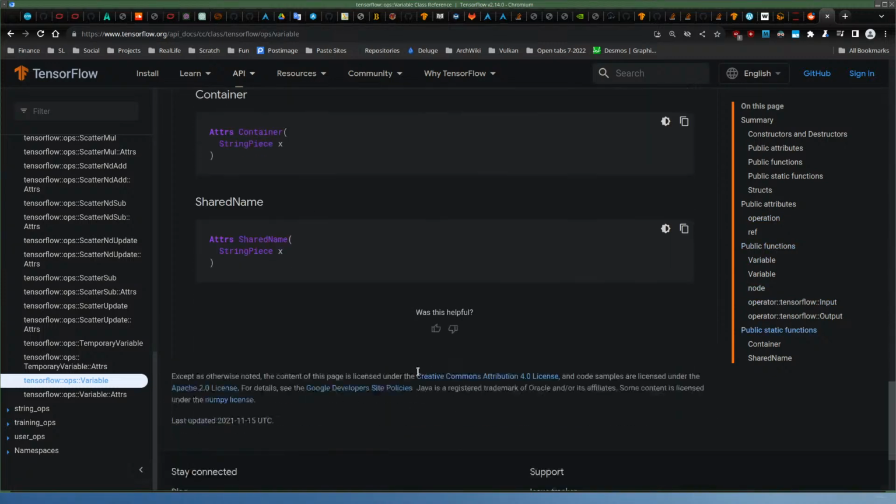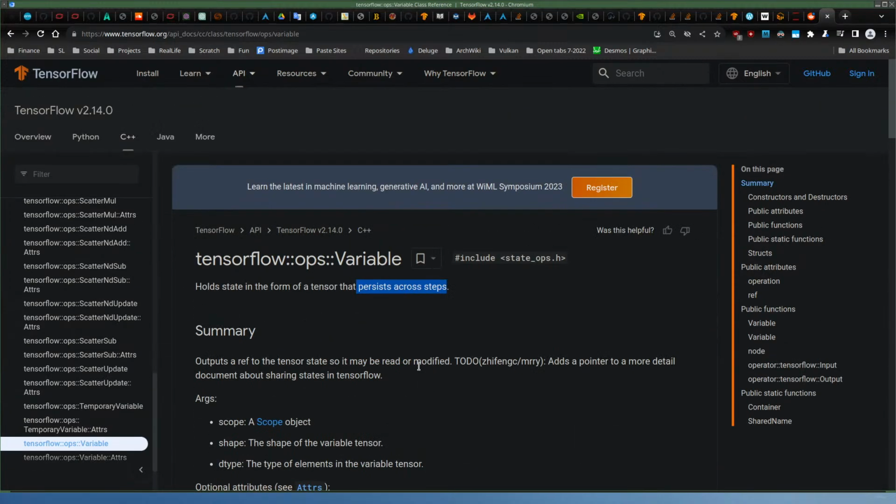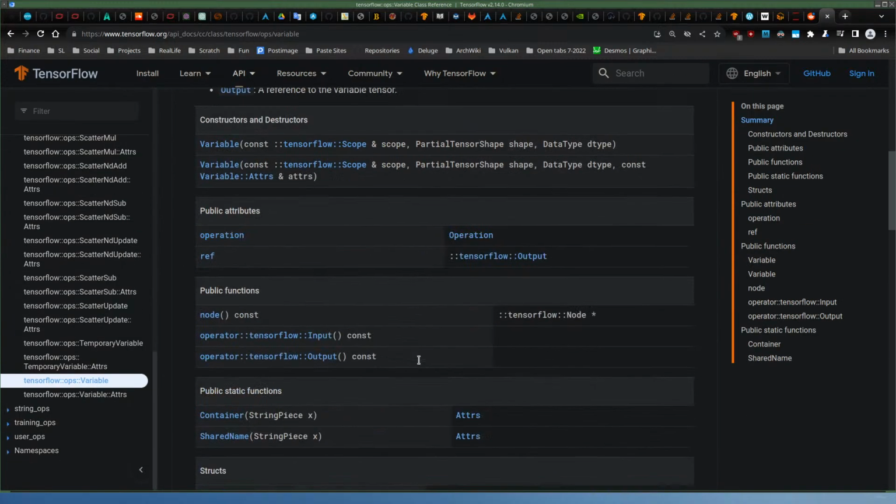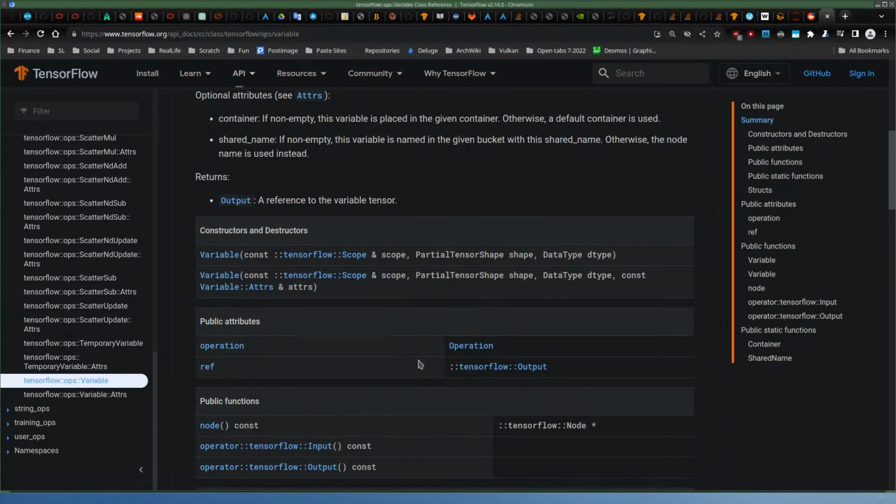Attributes. Do we have any attributes there? Hello, attributes. Anyone? No, I don't see any attributes. What the hell? Why? Maybe attributes are only for operations. Attributes. There. Excuse me.